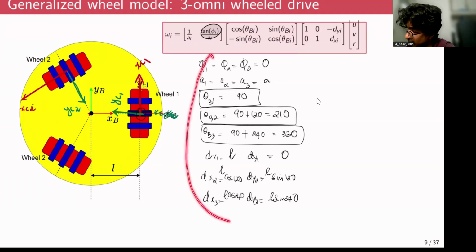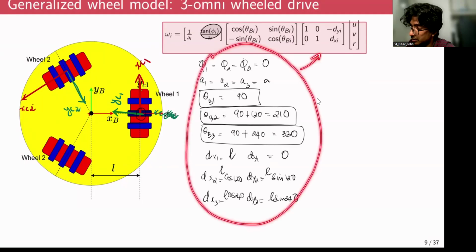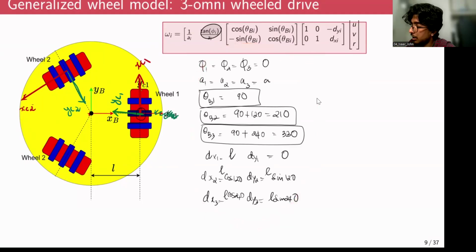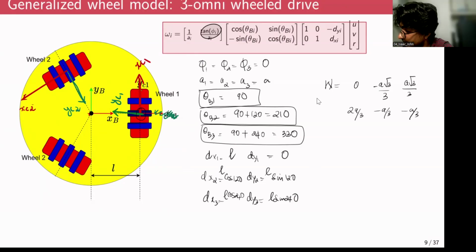If you plug all these values into this generalized wheel model, ultimately you will derive this wheel configuration matrix as follows: 0, minus a root 3 by 3, a root 3 by 3, then 2a by 3, minus a by 3, minus a by 3, then a by 3l, a by 3l, a by 3l.